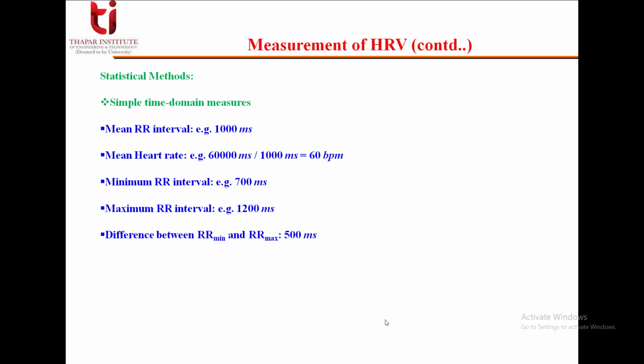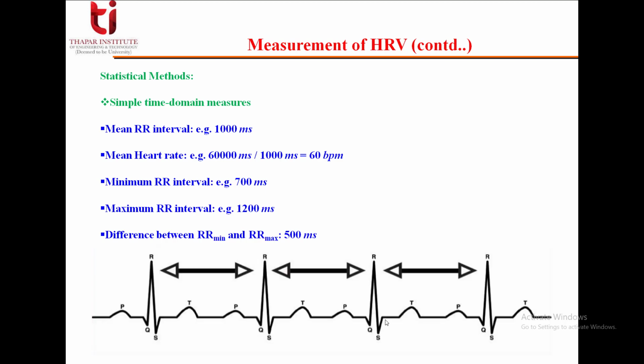In this, some are simple time domain measures which we generally go for in a checkup, that is mean RR interval, which is for example 100 millisecond. Then we have mean heart rate, that is 60,000 millisecond by 1000 millisecond, and it comes out to be 60 BPM.